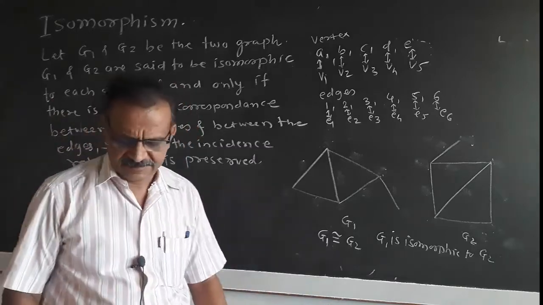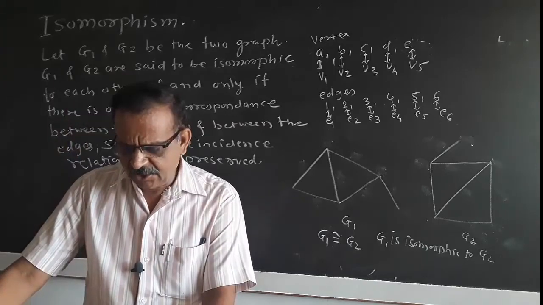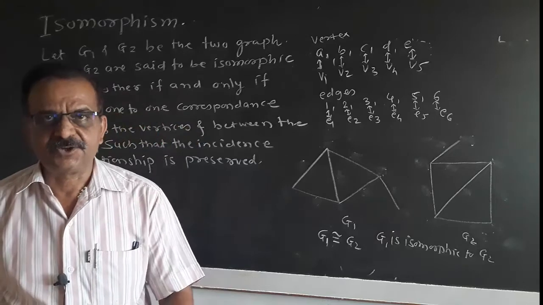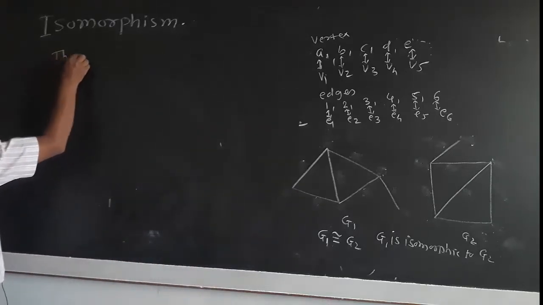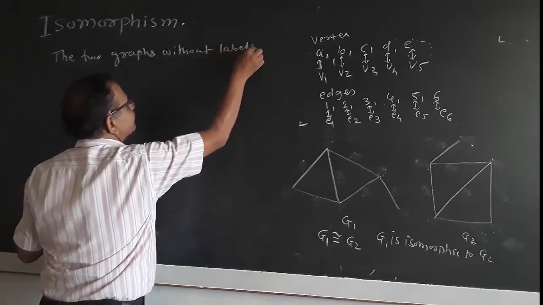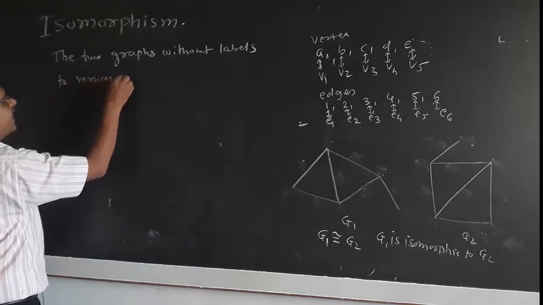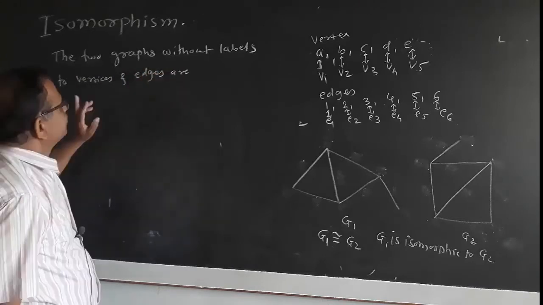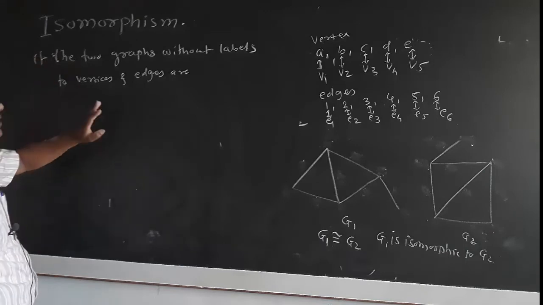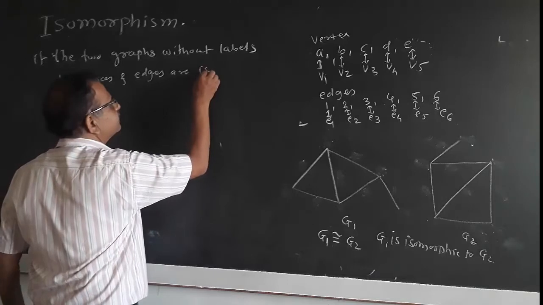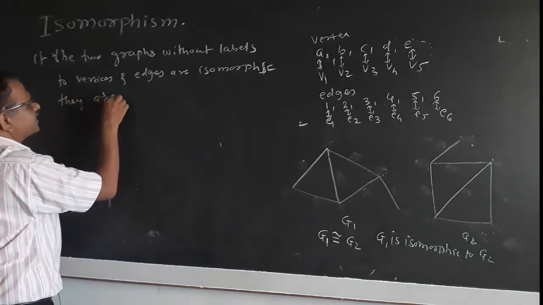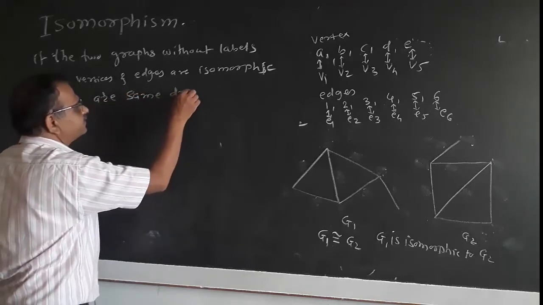Hence, we can note that two isomorphic graphs, if they have no labels or names on their vertices and edges, are the same graph drawn in a different way.